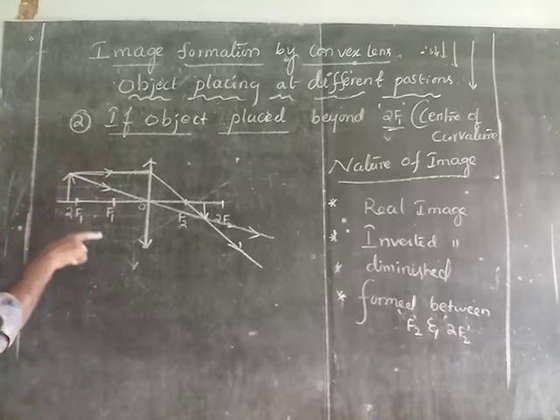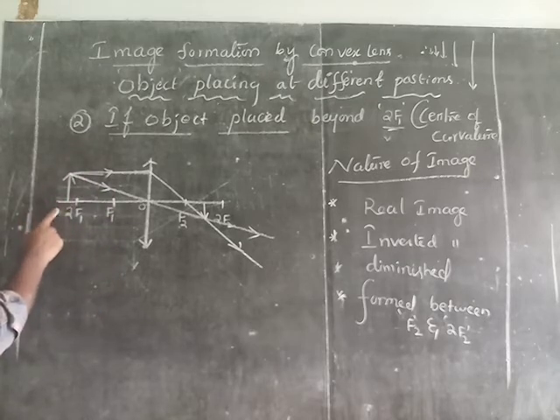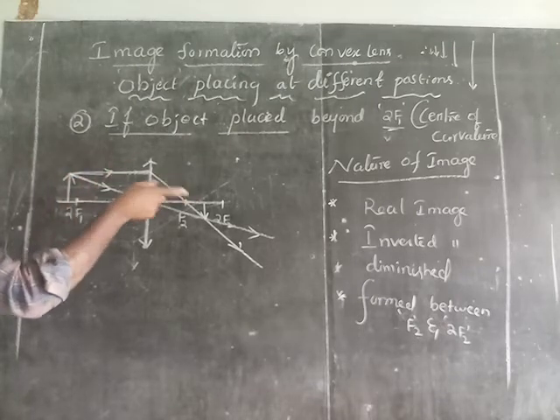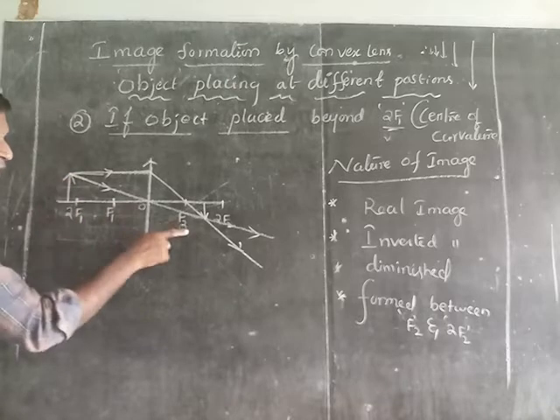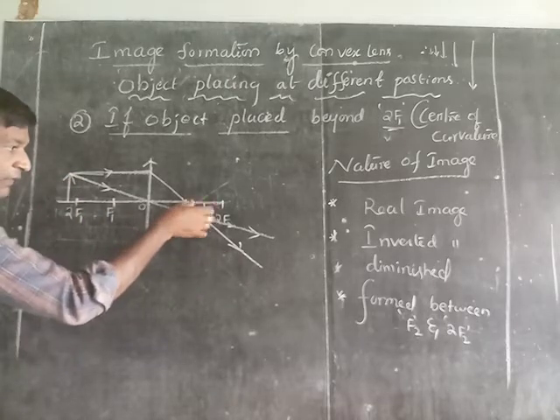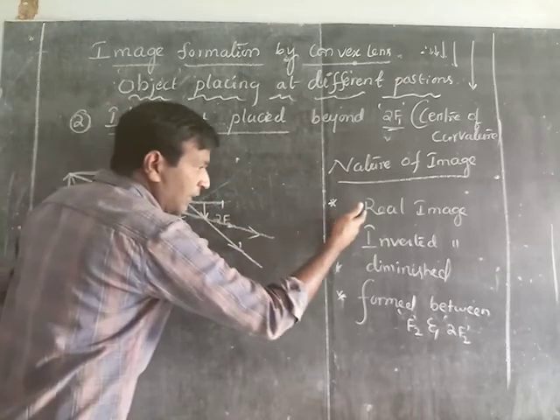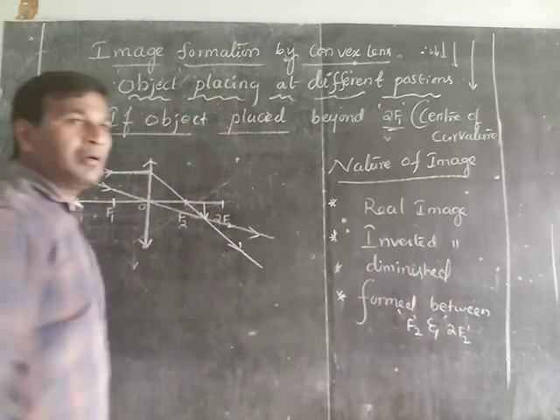Some take it exactly on 2F1. No, beyond 2F1, take an object. Follow the first rule: parallel, through focus. Through optic center, undeviated. The image is formed in between F2 and 2F2. What type of image? Real image, inverted image, diminished image, formed between F2 and 2F2.